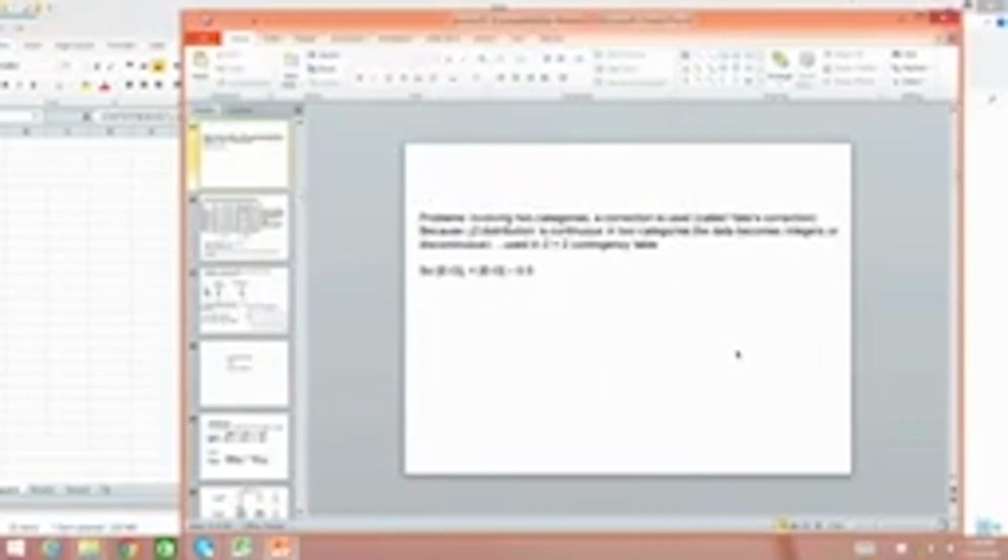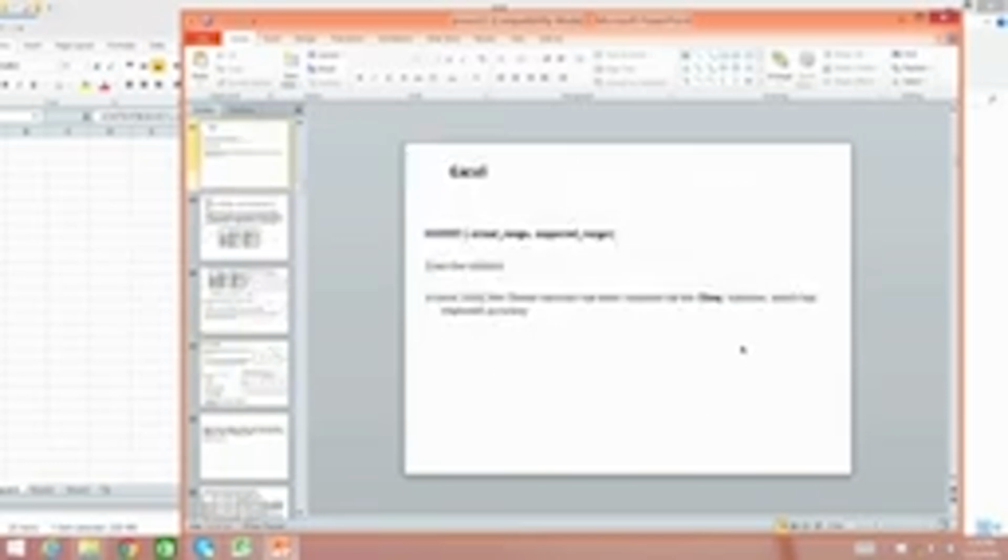So chi inverse is almost like the table, whereas the chi test gives you the probability. In the chi test we give the observed on one side and the expected on the other side, and the actual and the expected give you the probability.